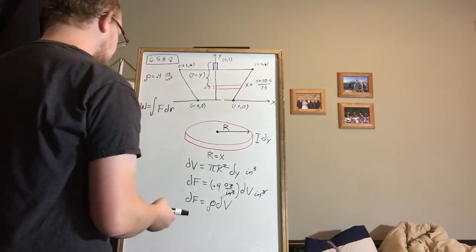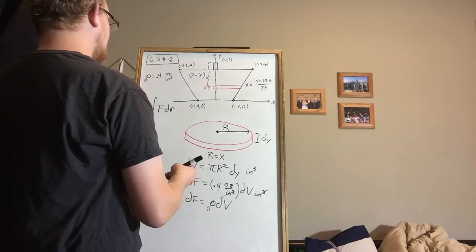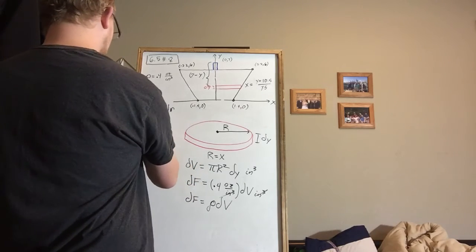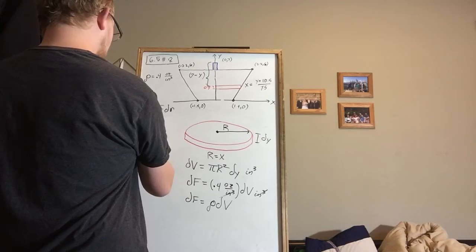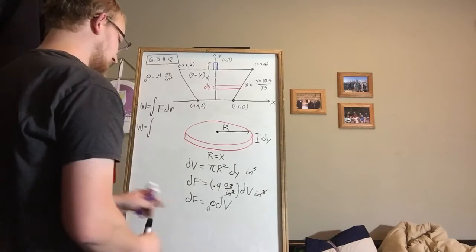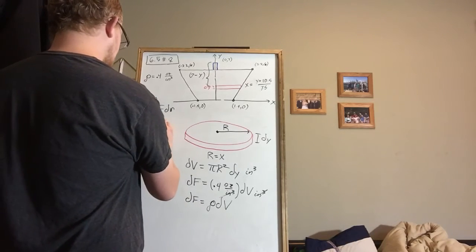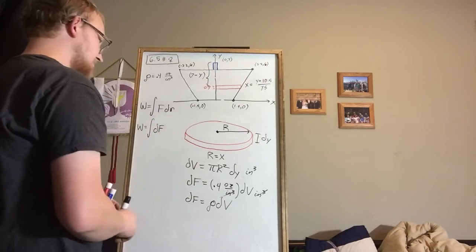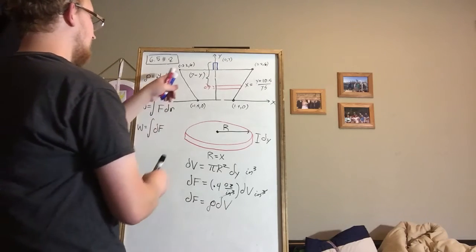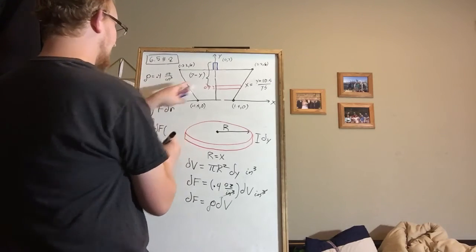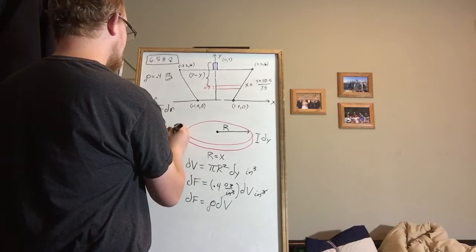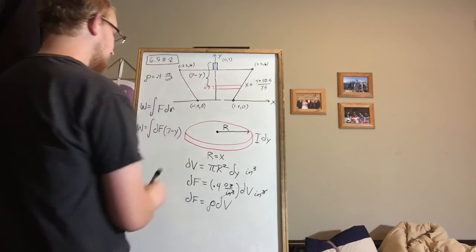And so you'll see here that work equals force, which we decided was dF, a small chunk of force, and then we multiply that by how far it went, which is 7 minus y.